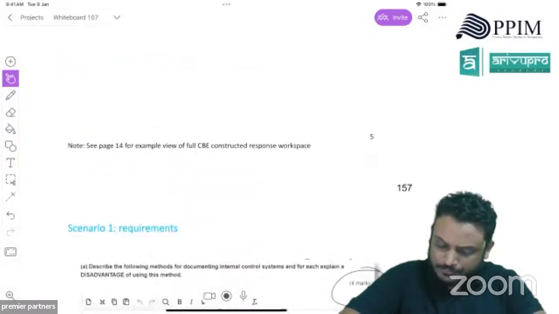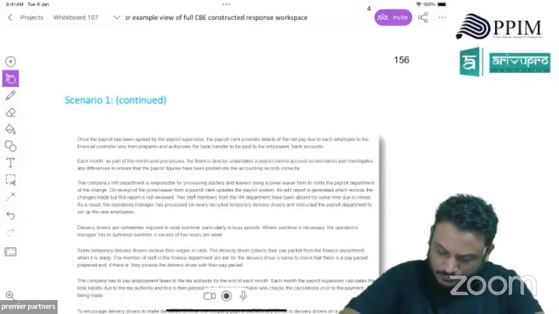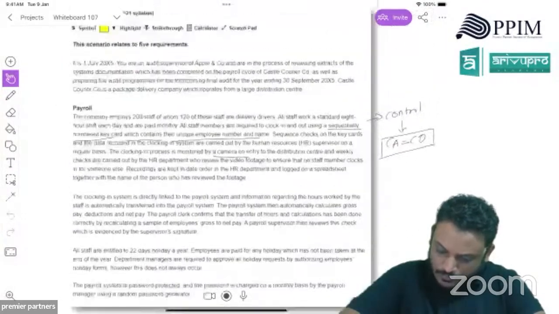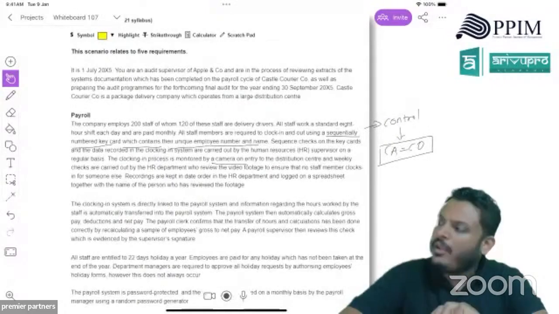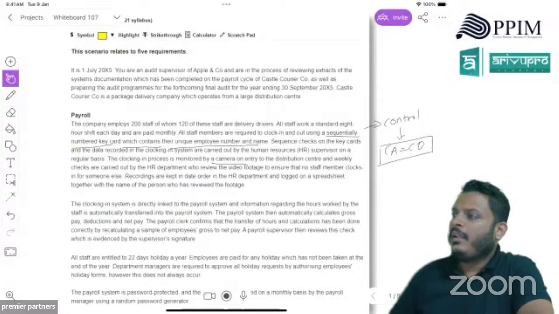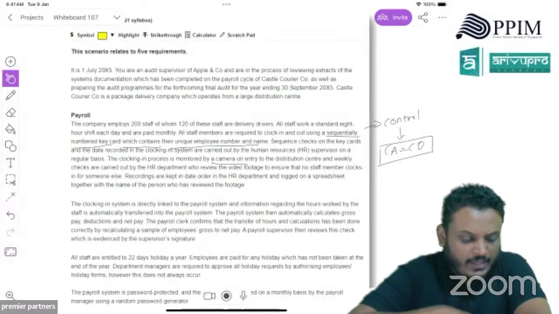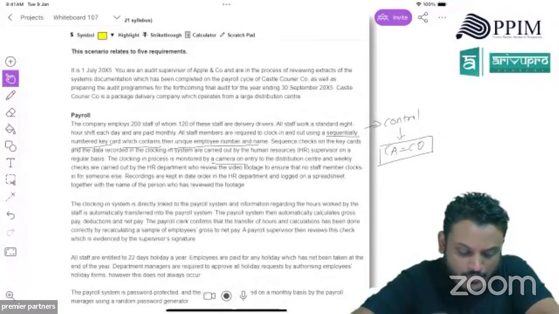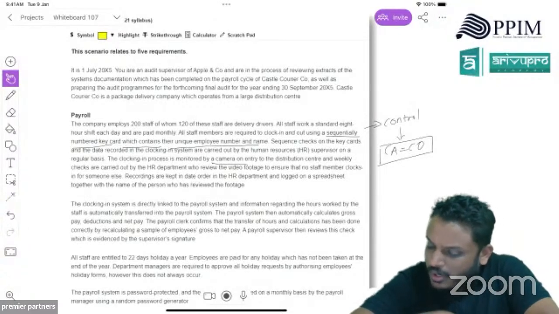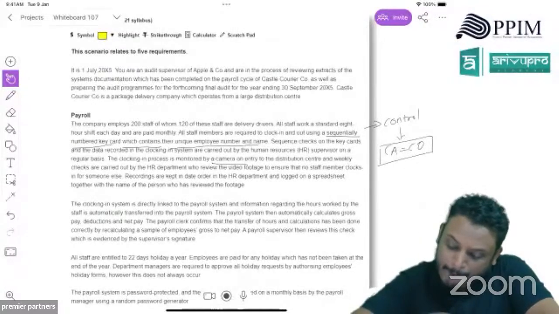So here, when you're explaining the key control, there is a clock in, clock out system using sequentially numbered key cards.